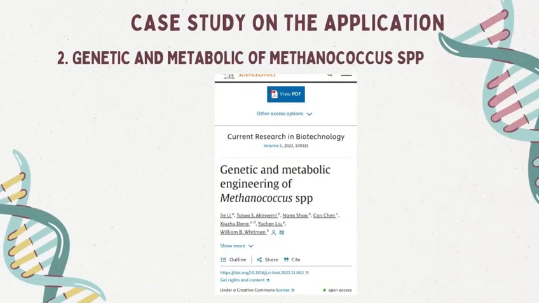Case study number 2 is about the genetics and metabolism of Methanococcus. In this case study, Methanococcus is a well-studied genus of mesophilic and hydrogenotrophic methanogens known for their robust genetic system, typically found in tidal marshes.